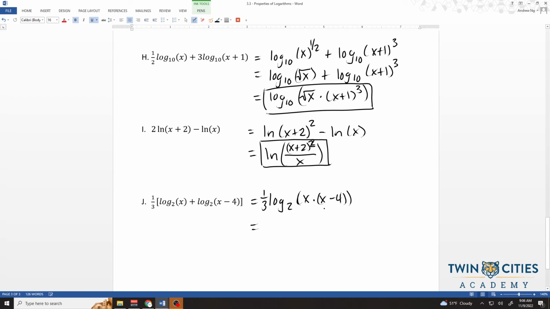Let's clean this up a little bit. This is 1/3 times the log base 2 of x squared minus 4x. Now take this 1/3 and bring it over and make it my power. This is log base 2 of x squared minus 4x to the power of 1/3.